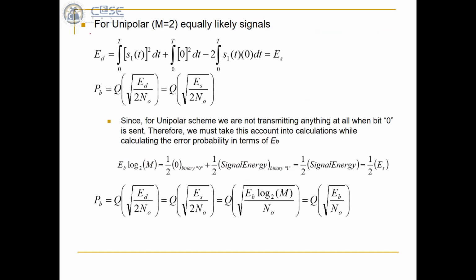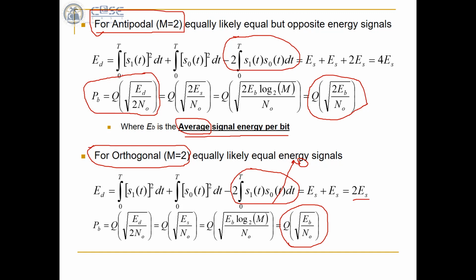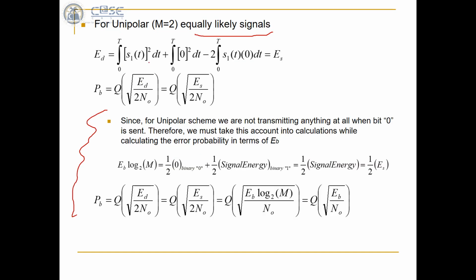Now again we repeat for the unipolar signal class, in which capital M is equivalent to 2 again, and we assume equally likely signals, right? But here we have a slightly different scenario, which I'm going to shortly explain. If you compute ED out of the same expression as we did for antipodal and orthogonal, remember one of the terms is 0, because we are not sending anything when the transmitter is turned off.